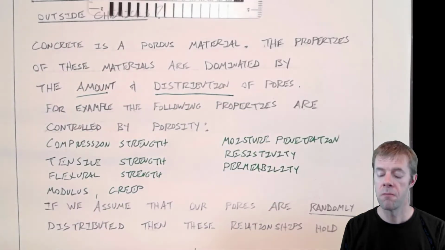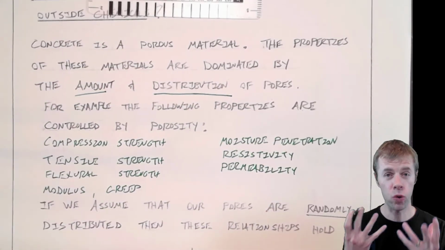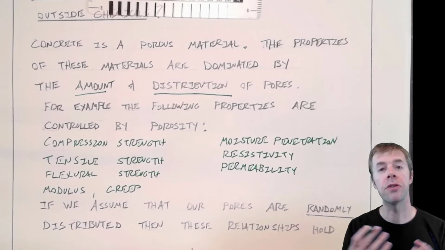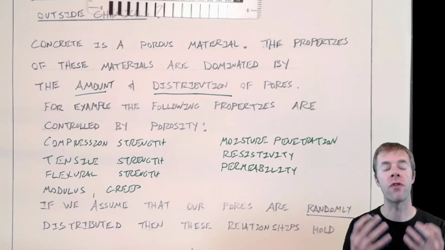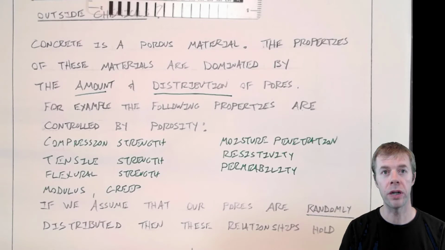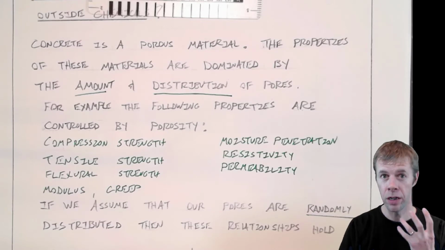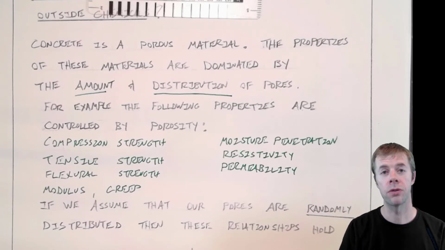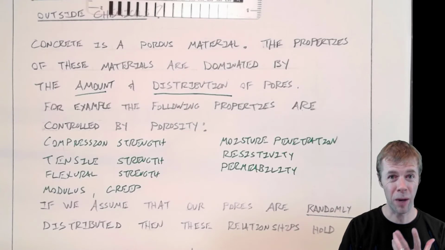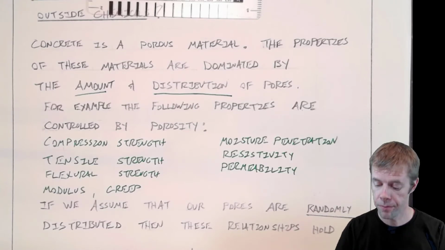Again, these are all properties, not structural properties, but they're properties that really are important for the long-term durability of the concrete. And again, they're very dependent on the pores. Okay, so this is a critical topic.